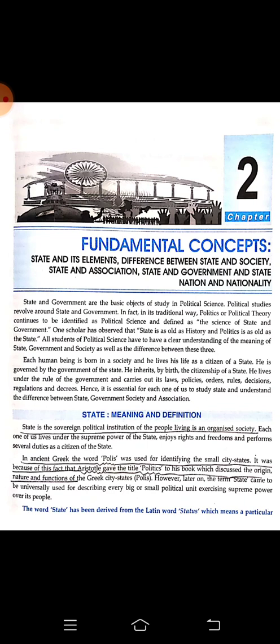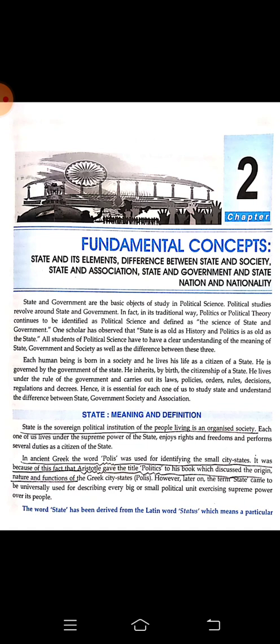In ancient Greek, the word polis was used for identifying the small city-states. It was because of this fact that Aristotle gave the title Politics to his book, which described the origin, nature, and function of the Greek city-state polis.